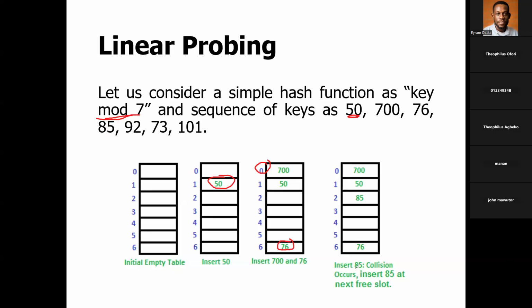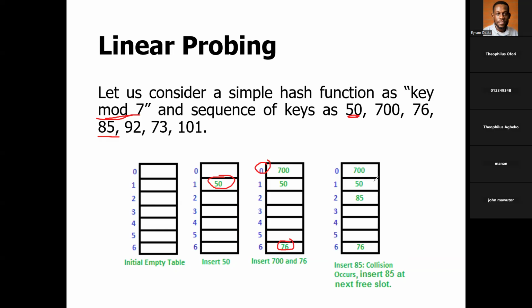Then we have 85. 85 mod 7 will give us 1, not 2. So it's giving us 1.